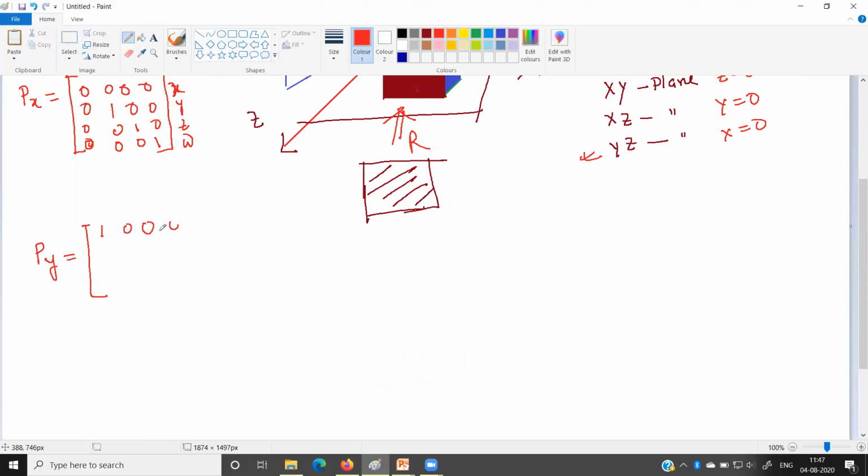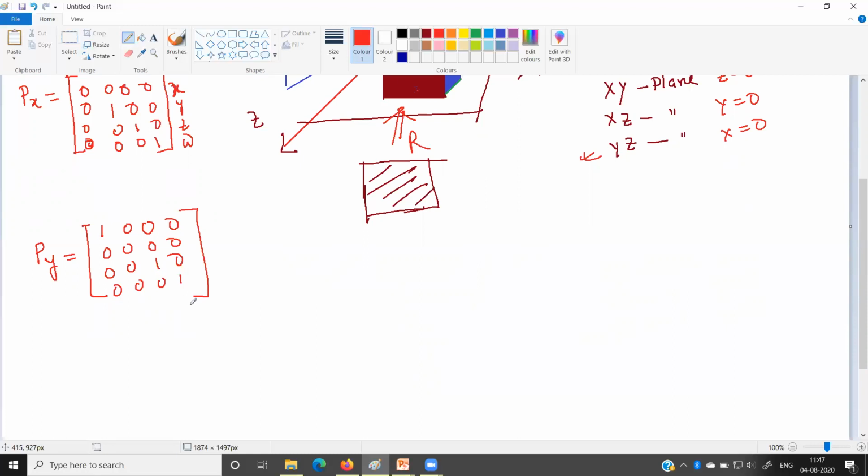As the value of all y's is 0, it will be 1, 0, 0, 0, then 0, 0, 0, 0, then 0, 0, 1, 0, 0, 0, 0, 1. This is a projection matrix. If you have a set of points of any object, by multiplying this projection matrix with the point matrix, you can generate the coordinates of the projected object.